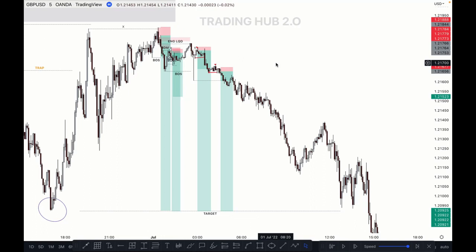As I mentioned already, everything is liquidity. Every session's high or low is liquidity. Every candle's high or low is liquidity. Major structure high or low is liquidity. Everywhere is liquidity. Okay, so you don't need to focus on multiple things.